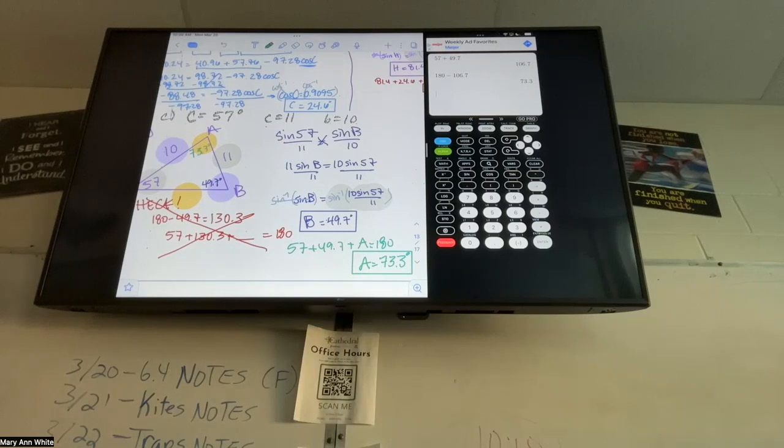And then I bet you could take a second and do your law of sines. I am going to use 57 and 11 because those were both given to me. Whenever doing a law of sines, I want to try and use as much that was already given to me as possible.